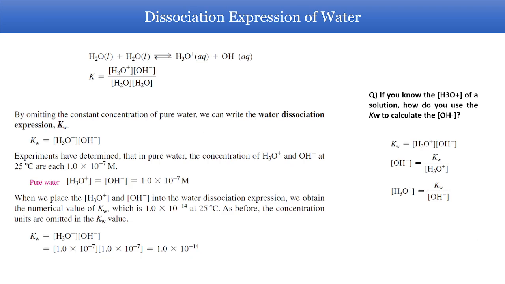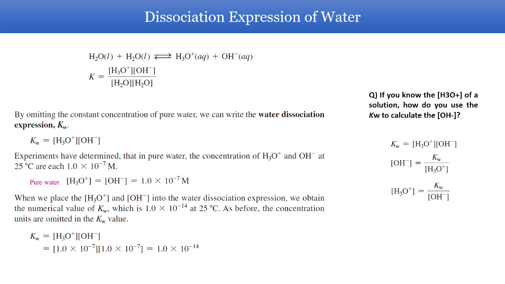Now, this is very important when we want to derive the dissociation expression of water. The equilibrium constant, represented as K over here, is indicated by the concentration of the hydronium ions and the hydroxide ions divided by the concentration of the water molecules.